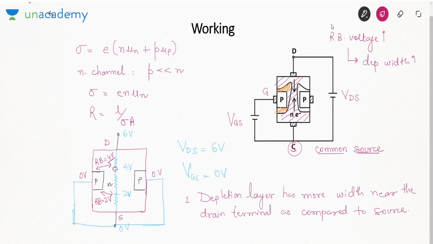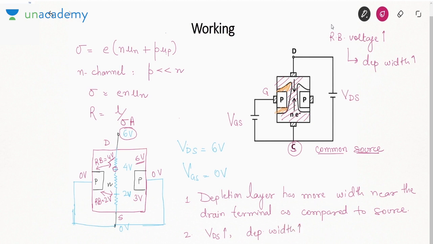Now if you make this voltage 9 volt, what will be the voltages here? Here there will be 6 volt, here it will be 3 volt. So reverse bias will increase. If reverse bias increases, the depletion layer also increases. So we will say, as you increase the drain to source voltage, depletion width increases.